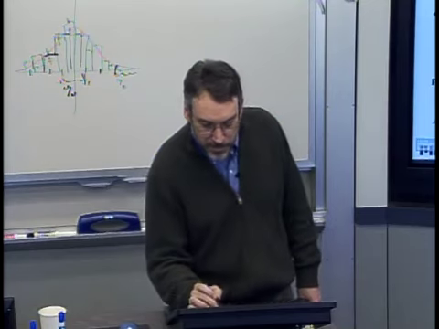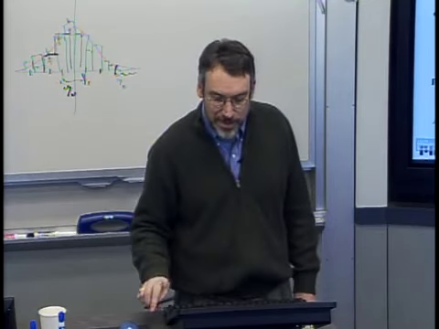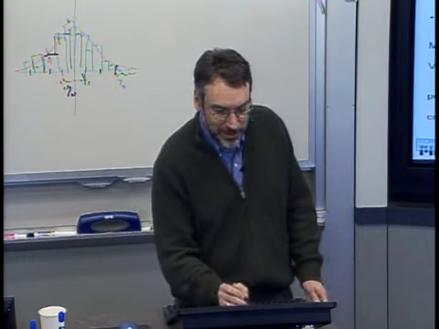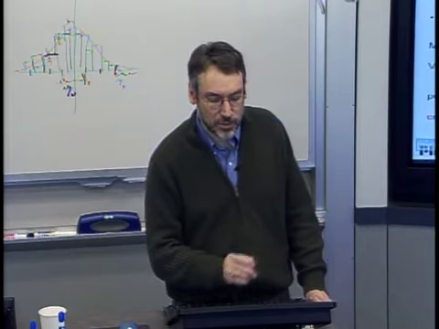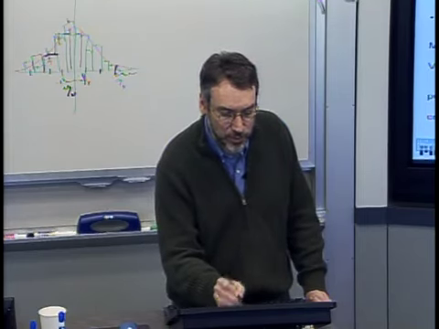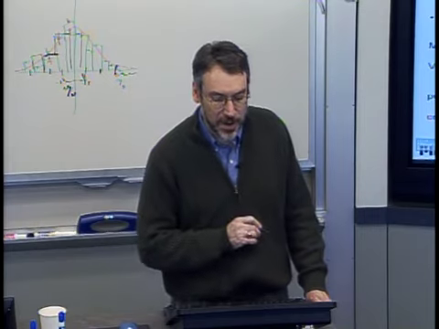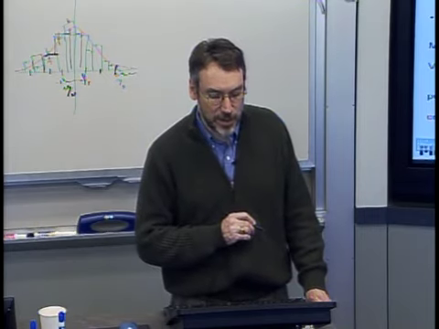What's tabulated is not mu minus numbers of standard deviations, but the standardized or unit normal distribution. Again, that's the mean-centered version, where I subtract off the mean and divide by the standard deviation.